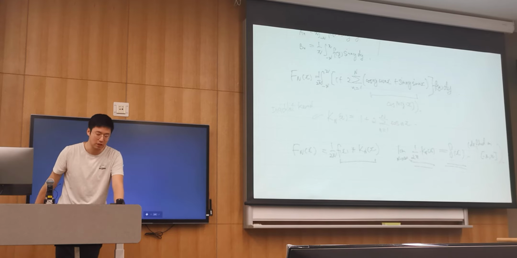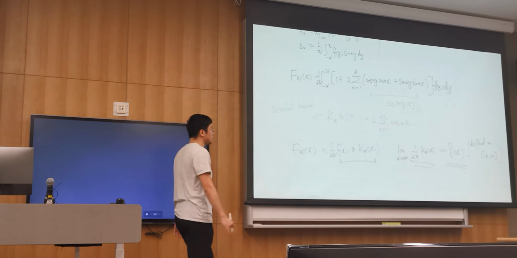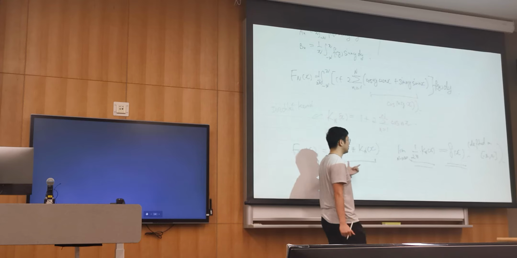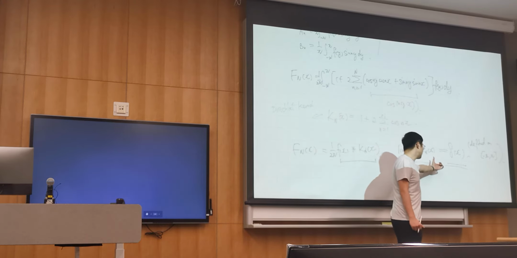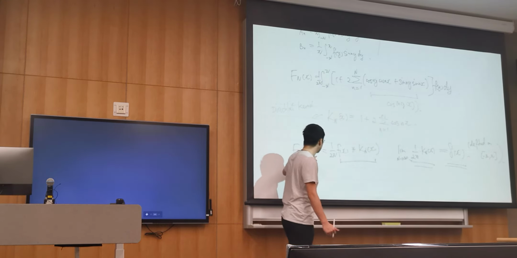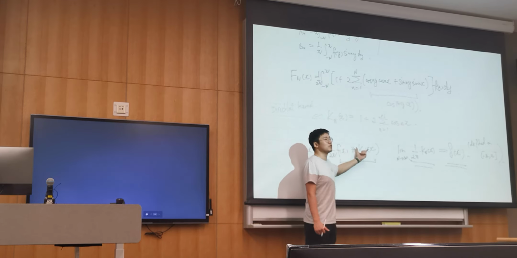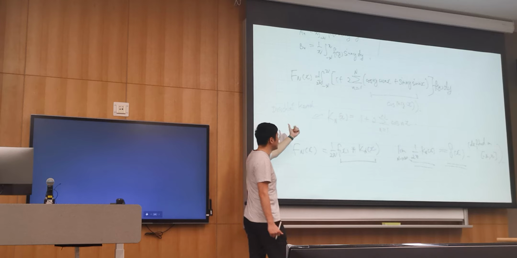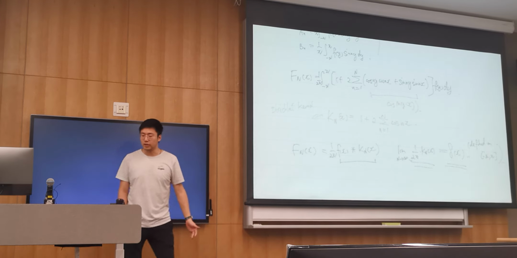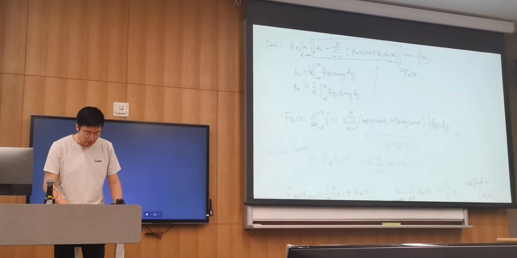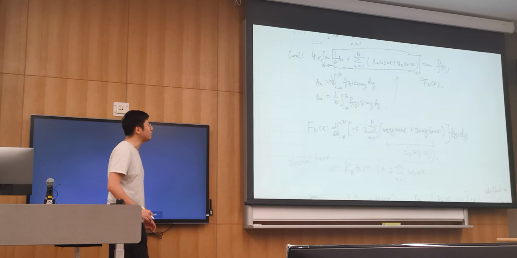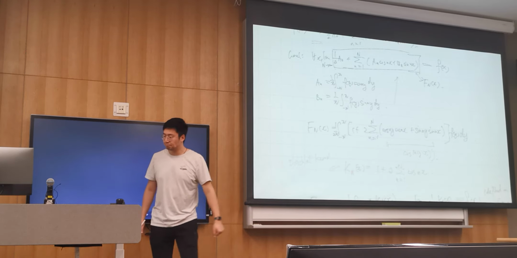When N goes to infinity, the convolution kernel approaches delta x, so f_N(x) approaches f(x) convolved with the delta function. Then the right side is going to be f(x) itself, and we can prove that f_N(x) converges to f(x).